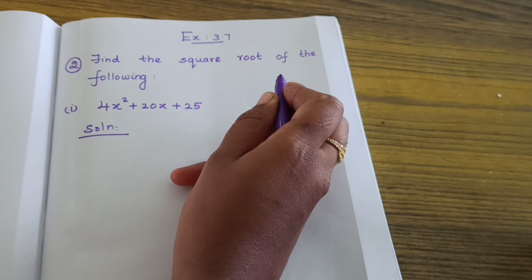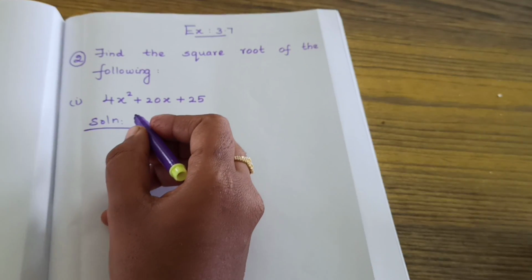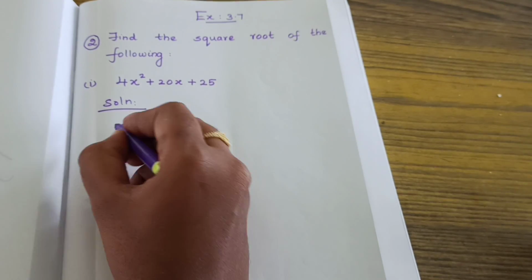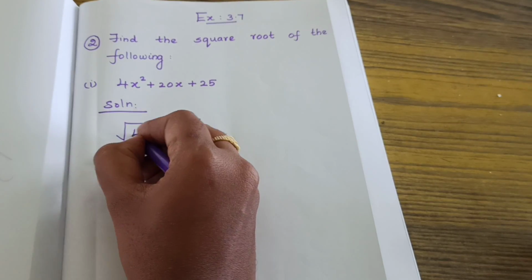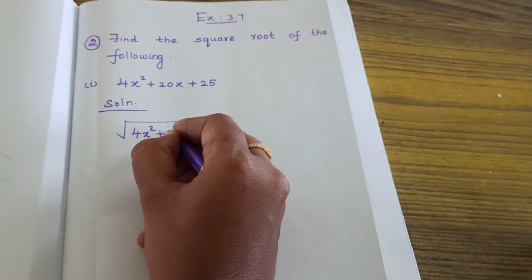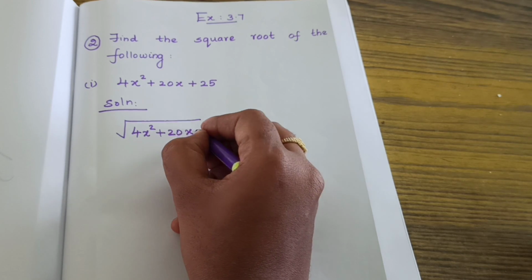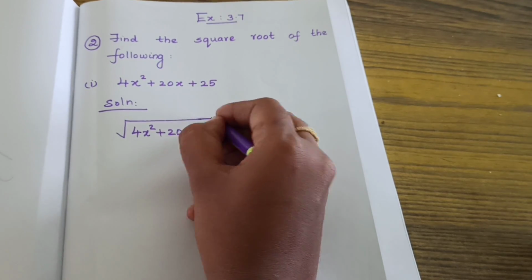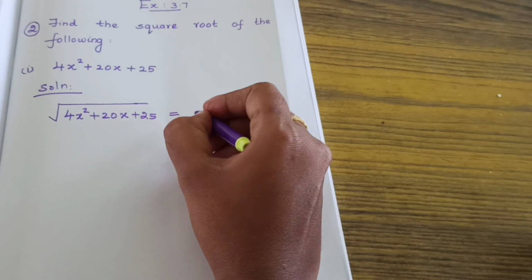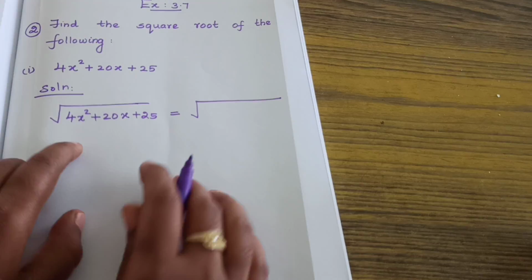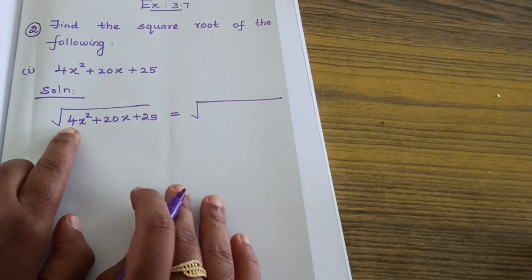Find the square root of. So, the given question we can rewrite as square root of 4x square plus 20x plus 25, which is equal to square root of. See, here the first term is a square number.